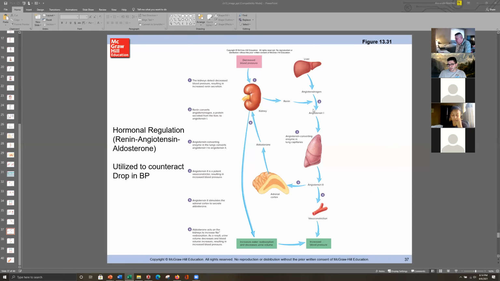This molecule will pass through the circulatory system and get up into the lungs, where we have a special enzyme called angiotensin converting enzyme, which converts 1 into 2, right?